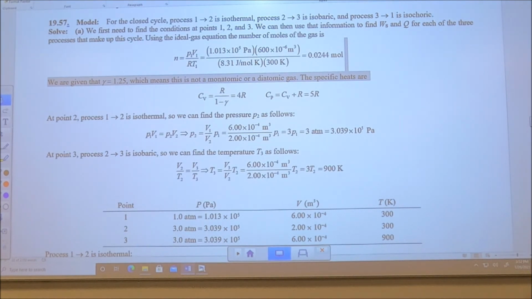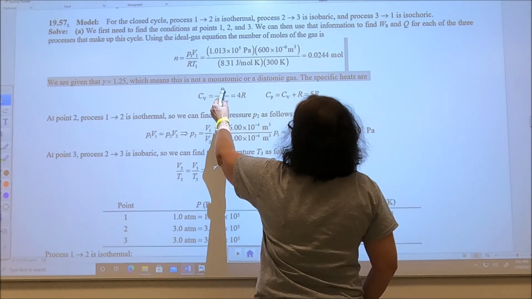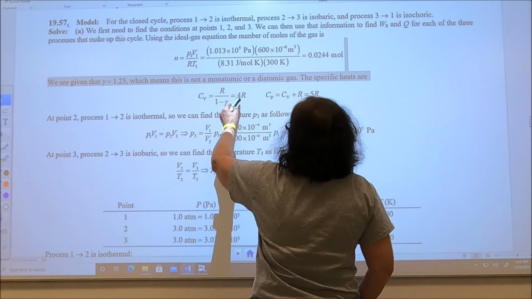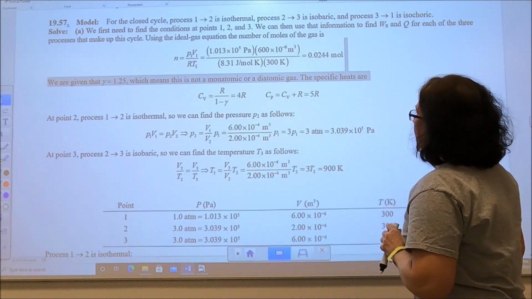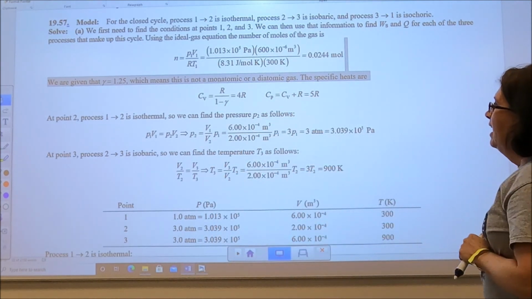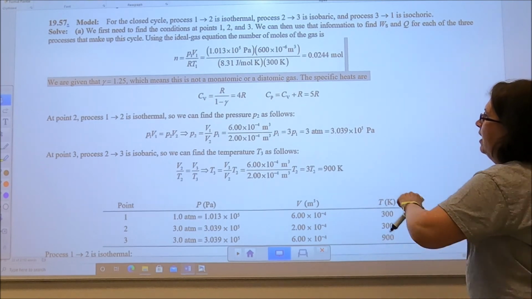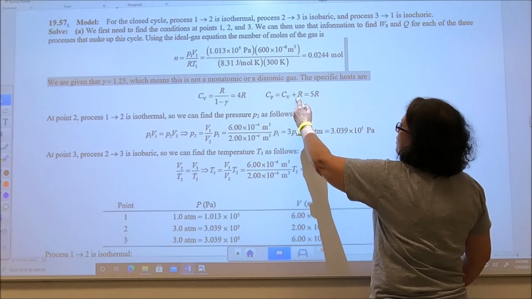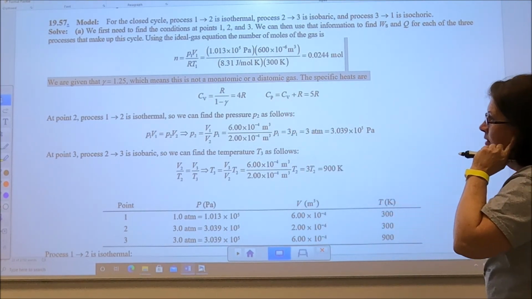And we're given that gamma is 1.25, which means it's not monatomic or diatomic, it's something else. So C_V is equal to R over (gamma minus 1), and in this case, it equals 4R. And C_P is equal to C_V plus R, or 5R.